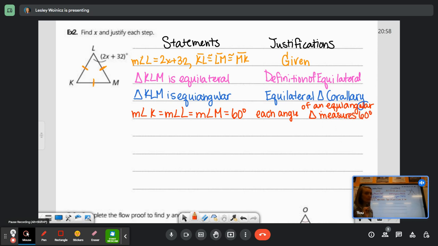That was one of our corollaries from the triangle interior angle sum theorem. Because if they're all equal, then we just divide 180 by 3 and get 60.